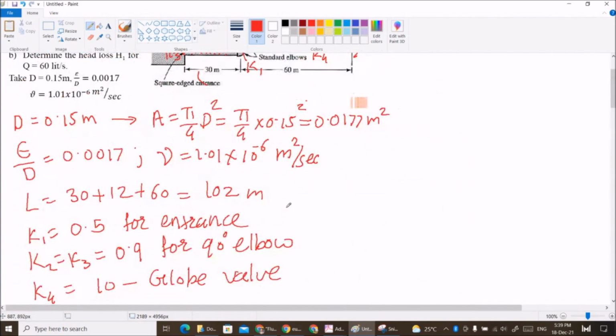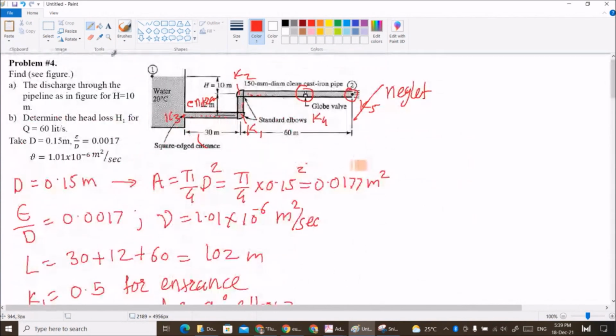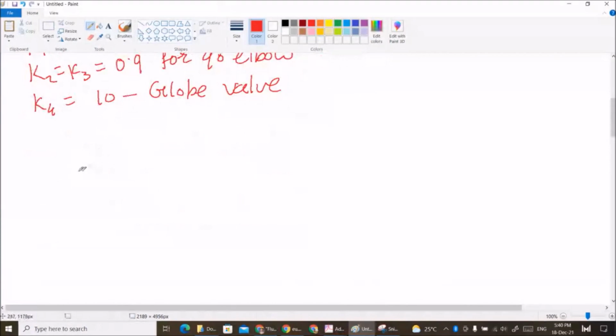So we'll apply Bernoulli's equation. As one end is open and the water is in storage, the velocity is 0 here, and this is also open to atmosphere, so the pressure at both points 1 and 2 is the same, so it will get cancelled.